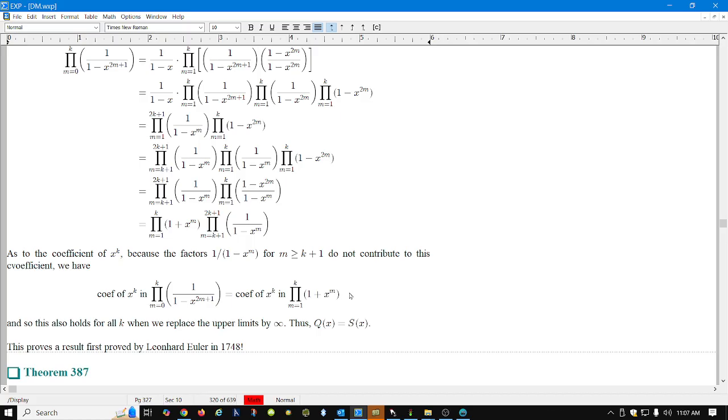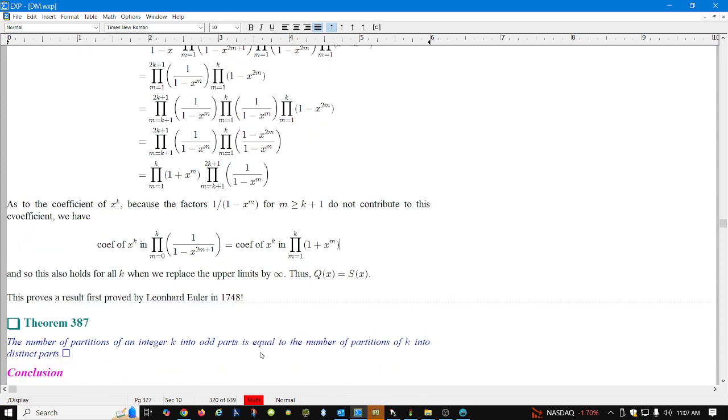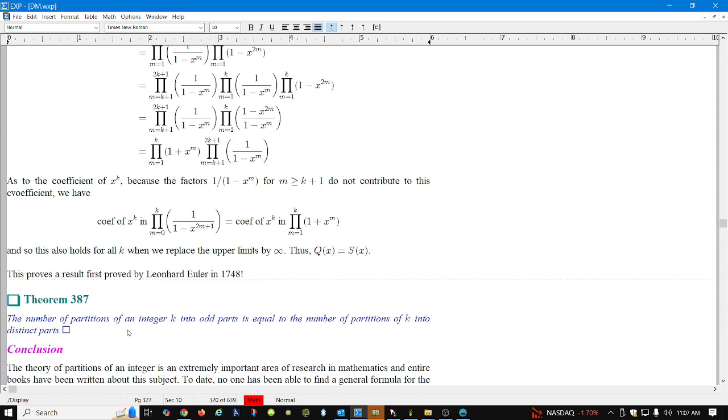Okay. Take another deep breath. This proves a result that was first proved by Leonhard Euler in 1748. That's the year after I was born. The number of partitions of an integer k into odd parts is equal to the number of partitions of k into distinct parts.